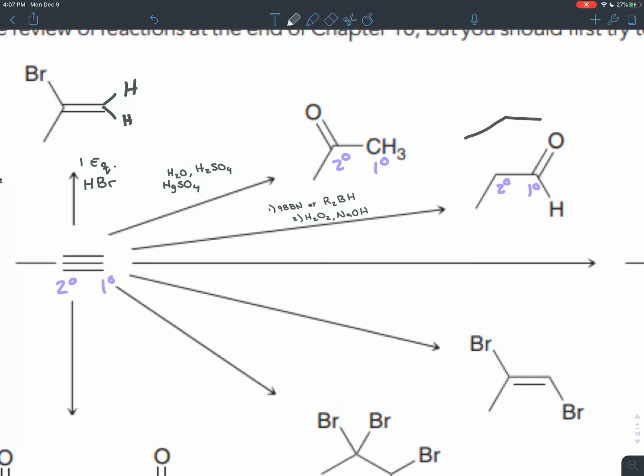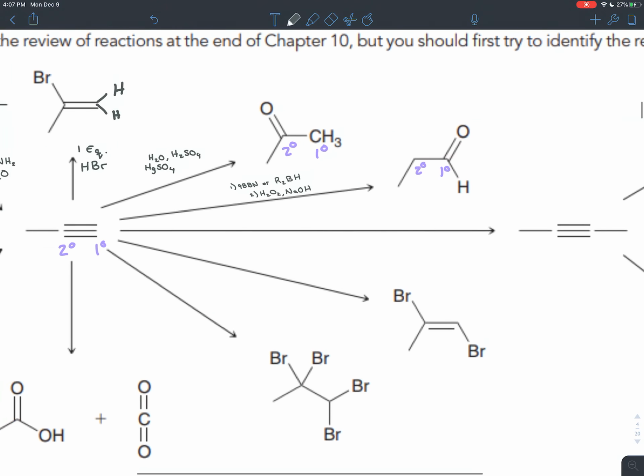It would add an H and an OH, the OH on the less substituted carbon, the H on the more substituted carbon. Right? This is anti-Markovnikov addition of H and OH, but then they would tautomerize. The H would move over, the electrons would move over, and you'd end up having that, which is your product here. So if you ever have a terminal alkyne, an alkyne at the end of a carbon chain, and you turn it into an aldehyde, it must have been hydroboration oxidation.